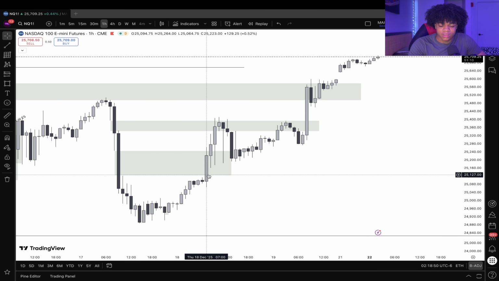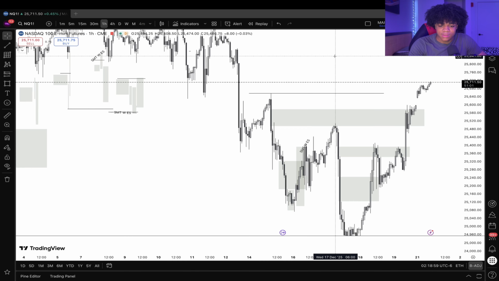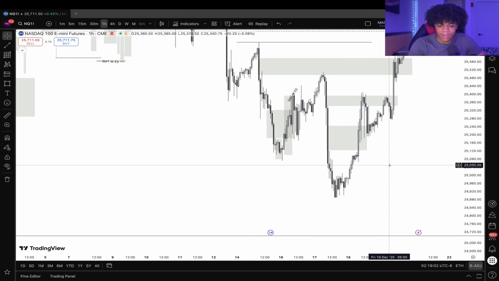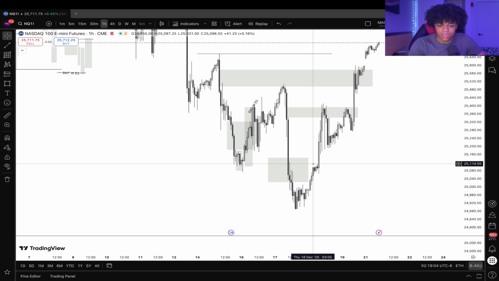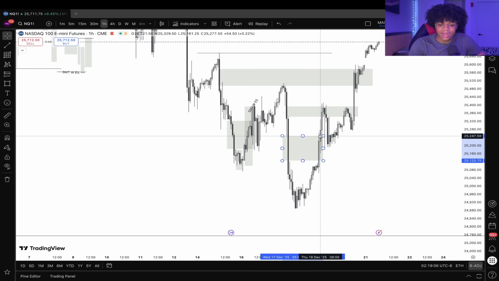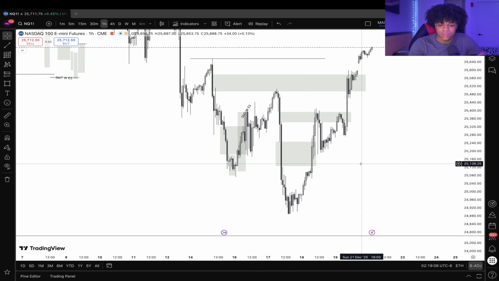And what you can see here as well, we have our fair value gaps, right, that are holding and are pushing price higher. So what this shows us is that buyers are a lot more in control, especially on the higher time frame of the market, right? And sellers, they are completely out of control as all of these imbalances are being disrespected.